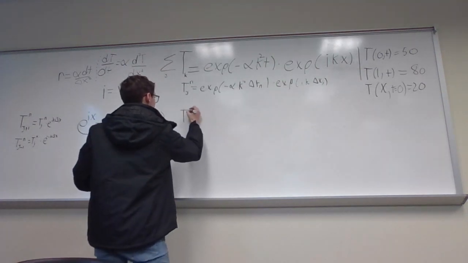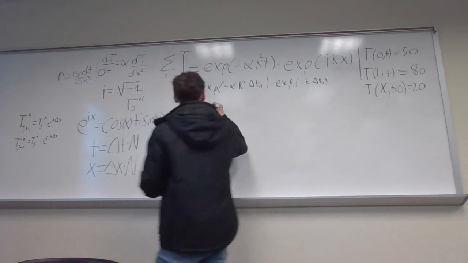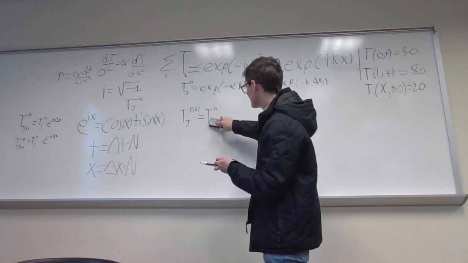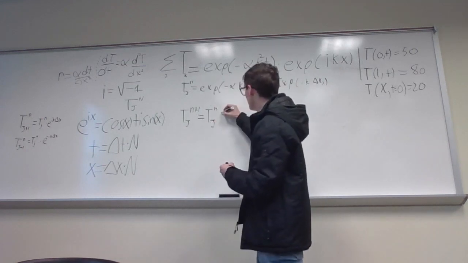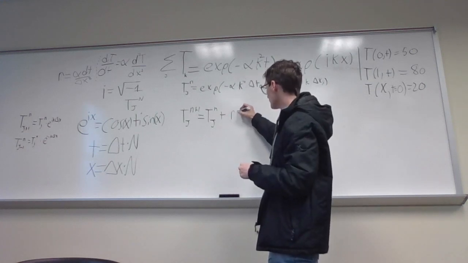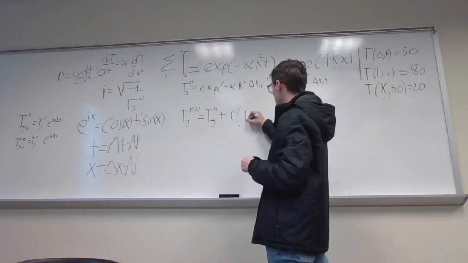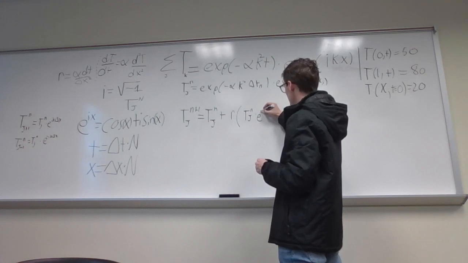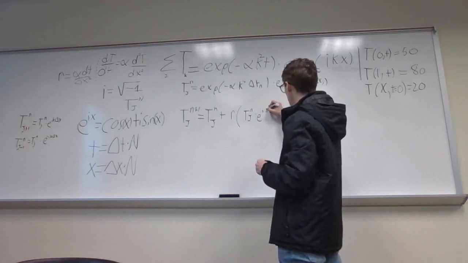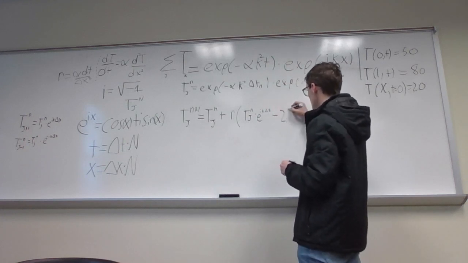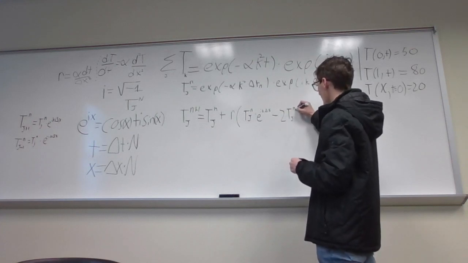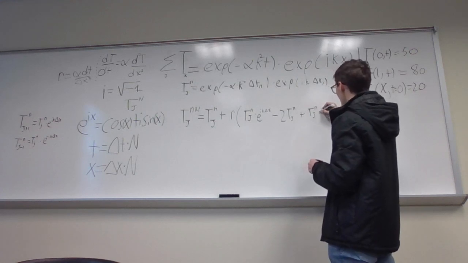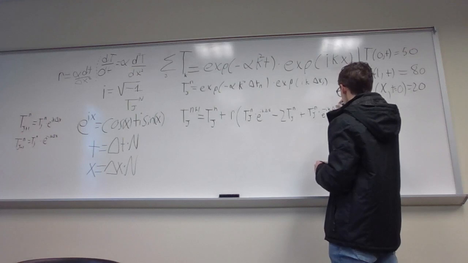So we're going to have tj n plus 1 equals tj n, plus r times tj n times e to the ik delta x, minus 2 tj n, plus tj n times e to the negative ik delta x.